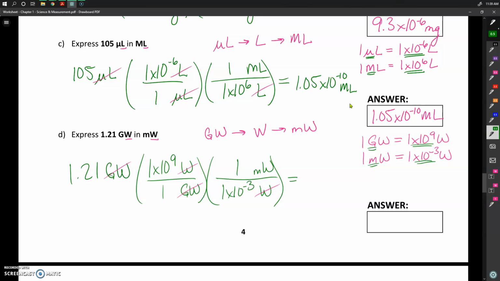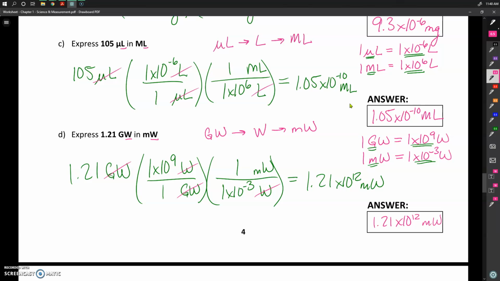So if I type this into my calculator, I'm going to take 1.21 times 1 times 10 to the 9th divided by 1 times 10 to the negative 3rd. And when you type that all in, you get 1.21 times 10 to the 12th milliwatts as your final answer. So I'm going to report that, oops, not negative 12, positive 12 milliwatts.